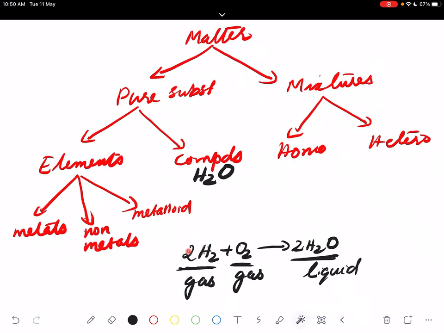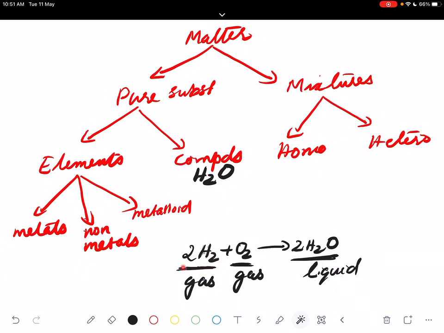Hydrogen and oxygen are called the constituent elements from which this compound is made. So this compound is made from hydrogen and oxygen. This is a gas, this is a gas, but the newly formed water is a liquid.